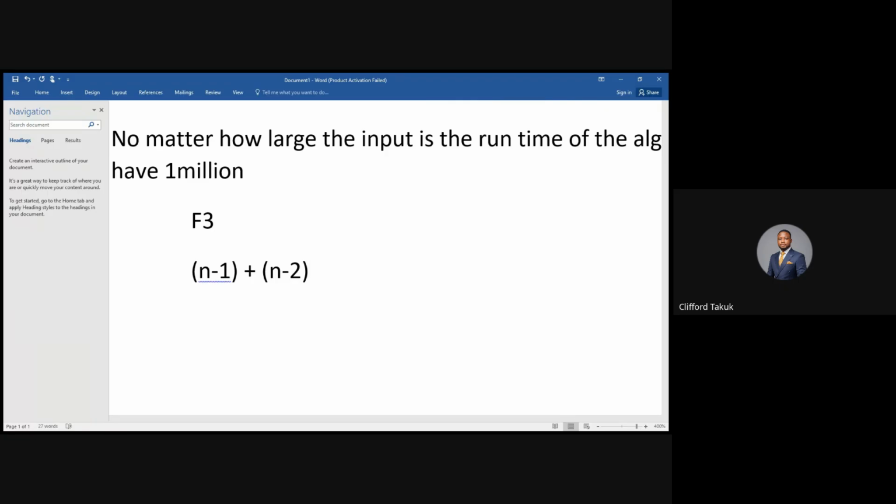So the rule is that whenever you are given a number to find its Fibonacci, if the number is not 1 or 0, then you use this formula to calculate for it. Okay, 3 minus 1.